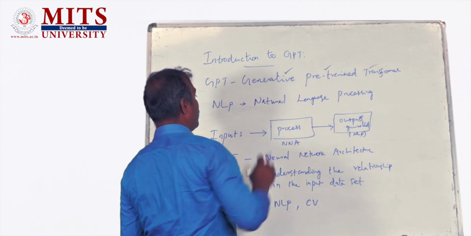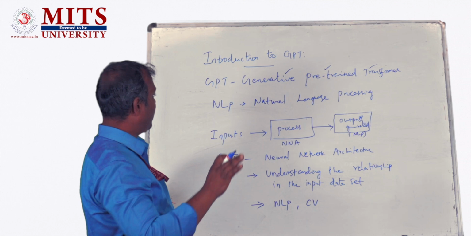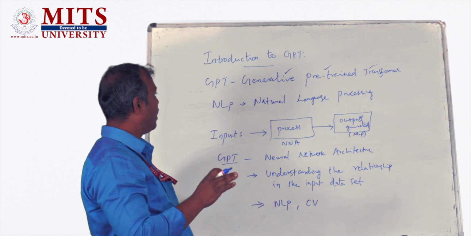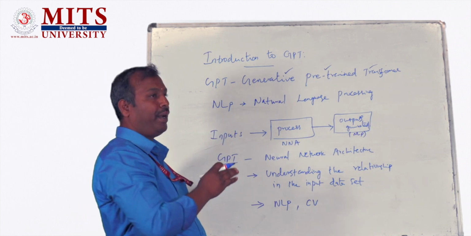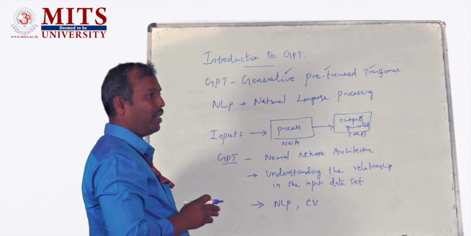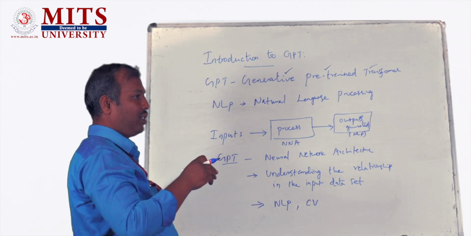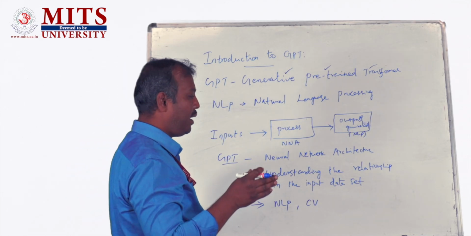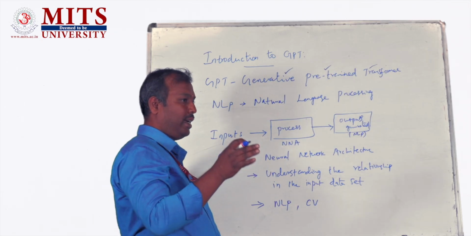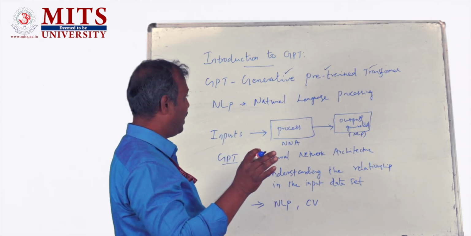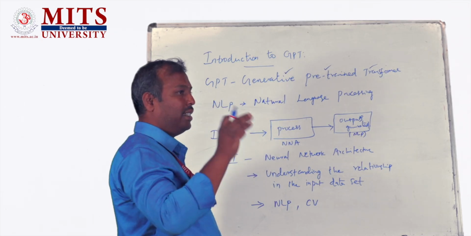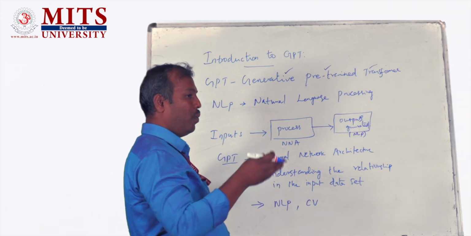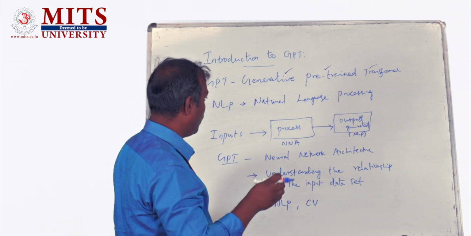Let us talk about what is generative. Generative means this GPT can generate its own sentences. It is not just reading or taking the available text from the data sets; it analyzes and generates its own language, its own text.